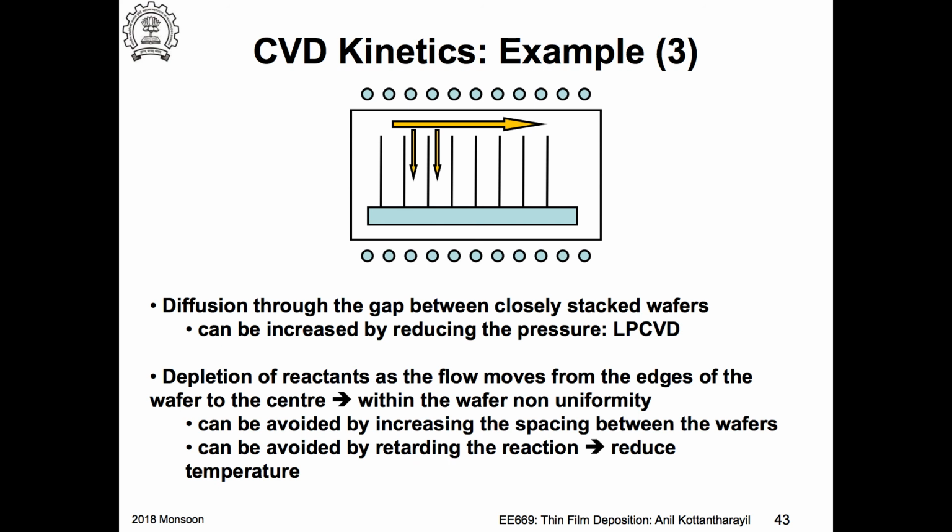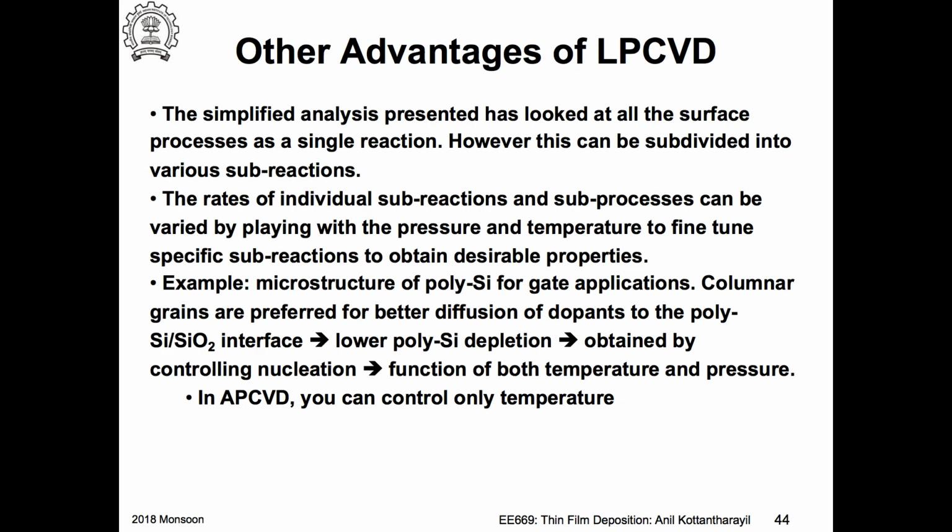For example, you can increase the spacing between the wafers, or you can retard the reaction by reducing temperature and so on. So, this is some way to get uniformity across the wafer in a vertical placement of the wafers like this. I will show you some examples.